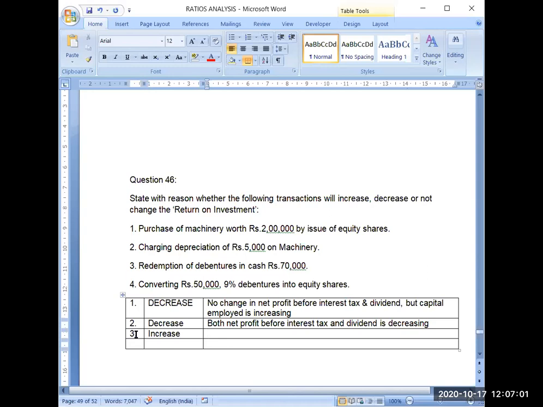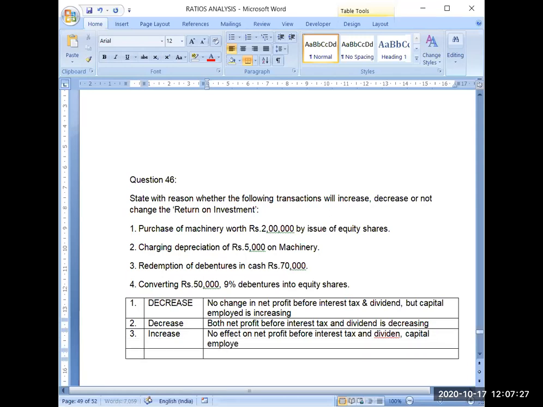So you can say no effect on net profit before interest, tax and dividend, and capital employed is decreasing.